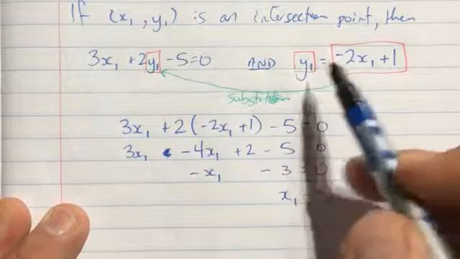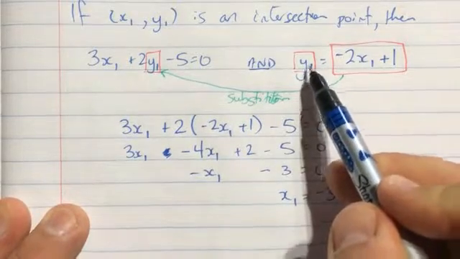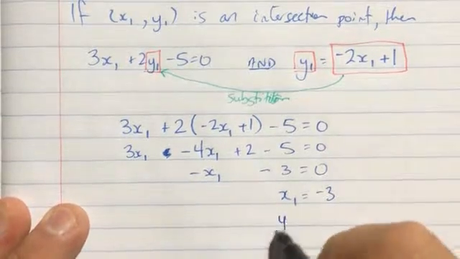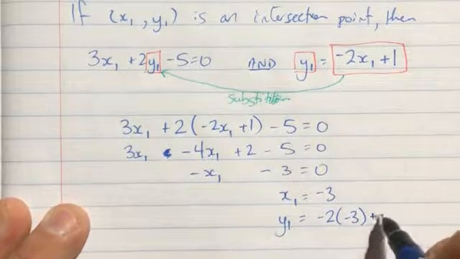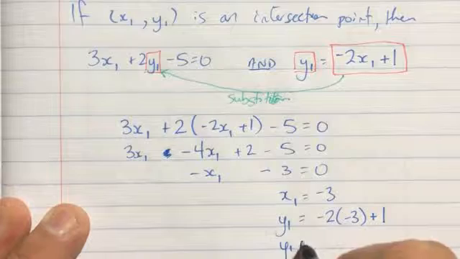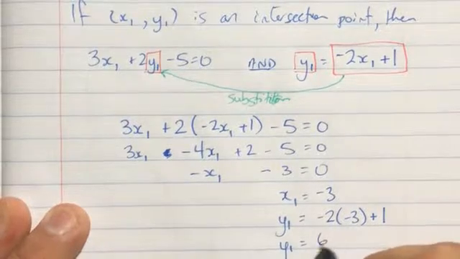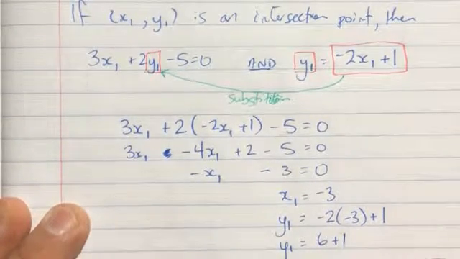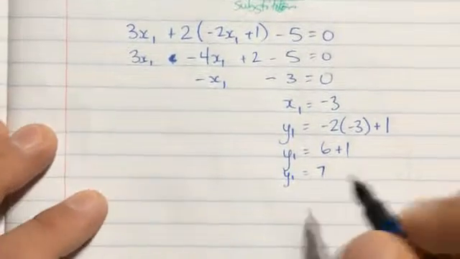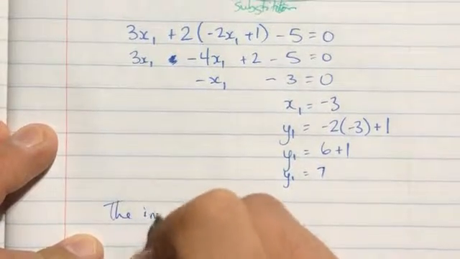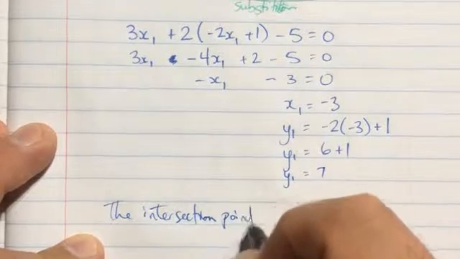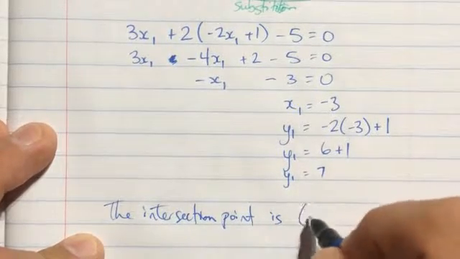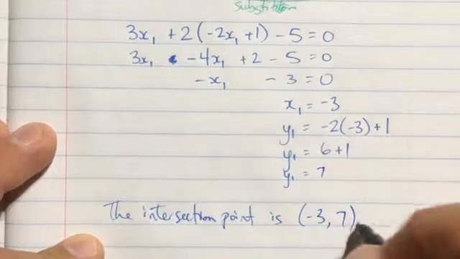And so now I can calculate y1. Same way, I have an equation with y1 isolated. So I'll use it. And let's see, that'll be 6 plus 1. y1 equals 7. So then the intersection point is the x part and the y part.